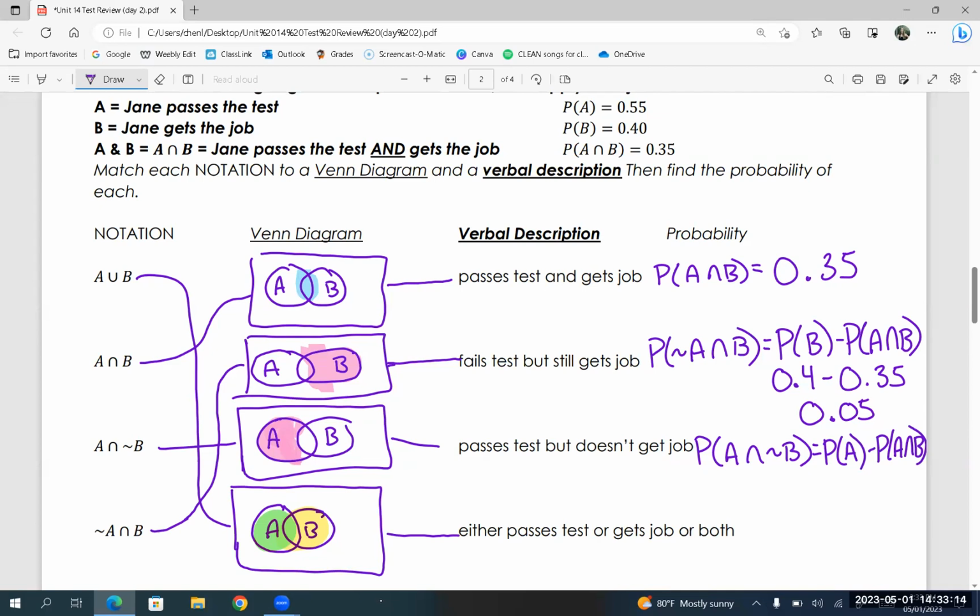So the probability of A was 0.55. The probability of A and B is 0.35. Because I want everything in circle A, but I don't want to include that intersection. So 0.55 minus 0.35 would be 0.2.